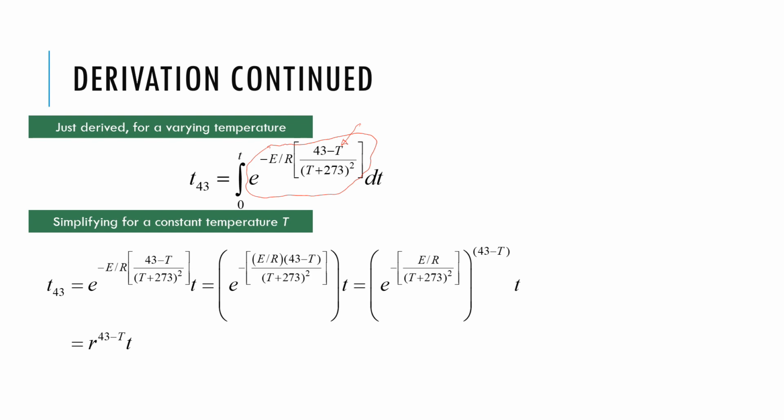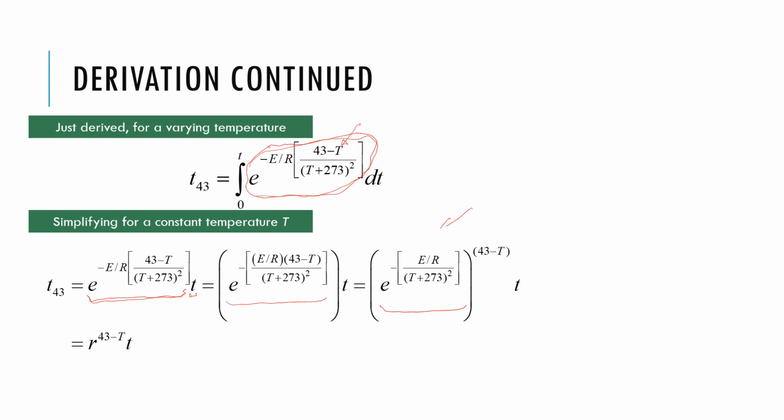So this part can be taken out of the integral, and it'll be multiplied by the time, and now I can rewrite this part as here. As you can see, I just simply rewrote, and that can be further rewritten as here.